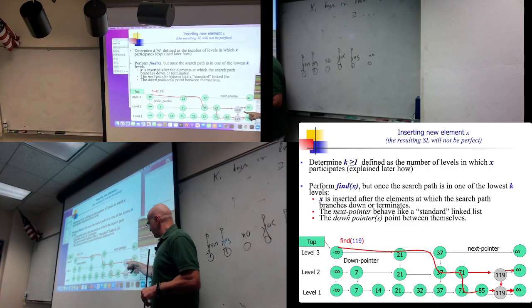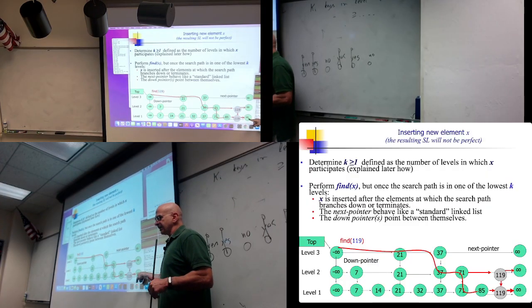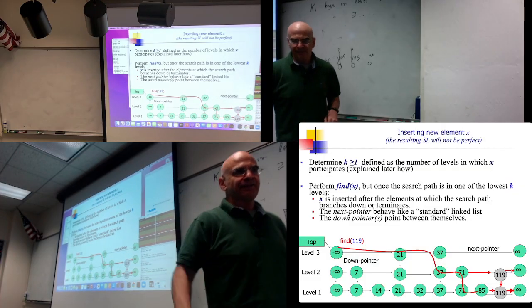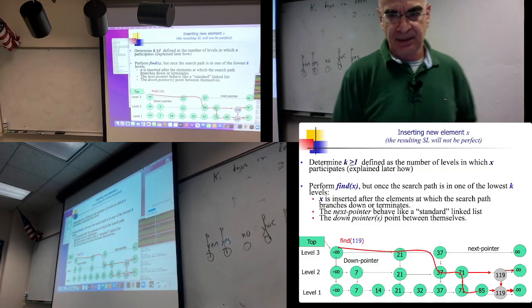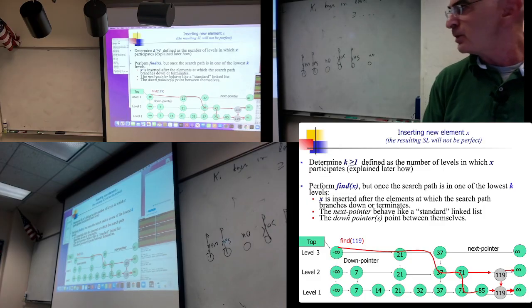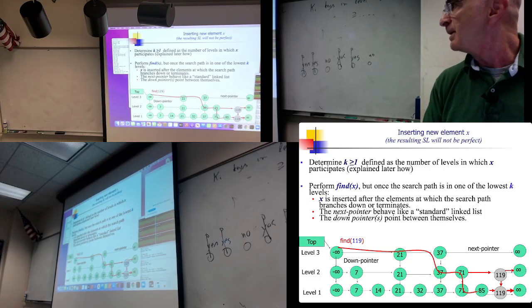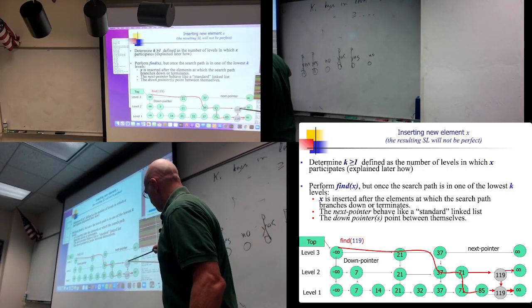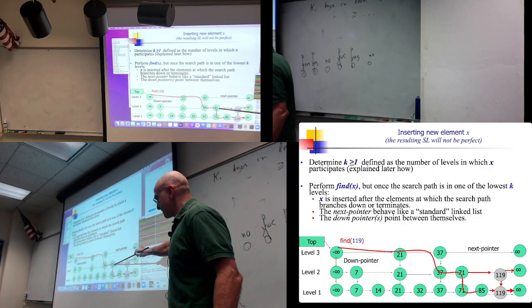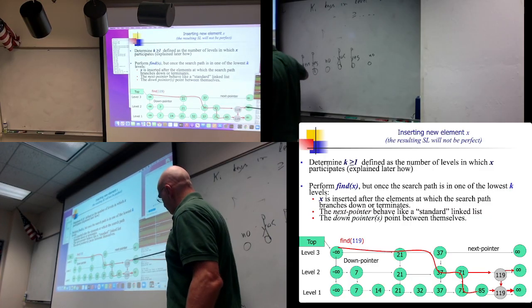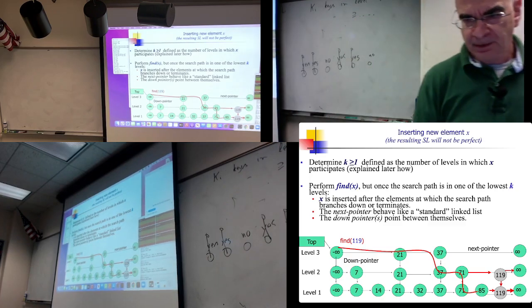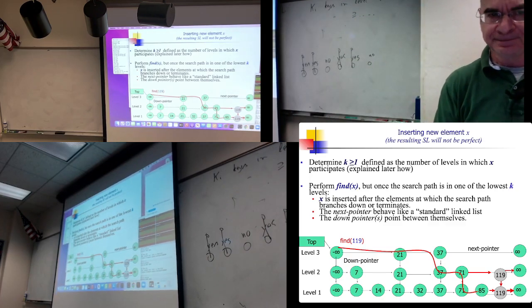In this level I insert it, in this level I insert it, just making sure to update it down. The way it affects each level is that the previous element's next goes to point to the new element, and the next of the new element goes to point to what the next of the previous element used to point to. Infinity in this case. But nothing tricky in it.